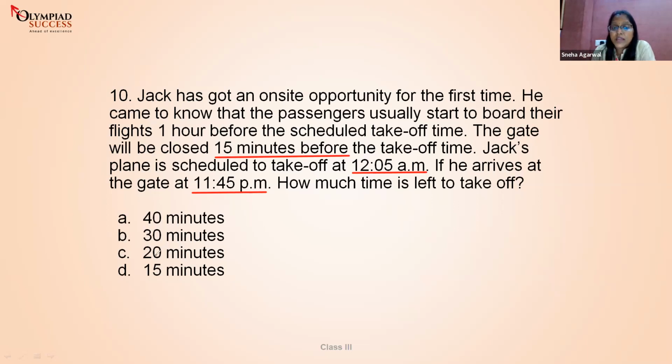So that makes 20 minutes. 20 minutes are still left to take off. So 11:45, then 11:50, 11:55, 12, and then 12:05. This makes 20 minutes. That's absolutely correct.